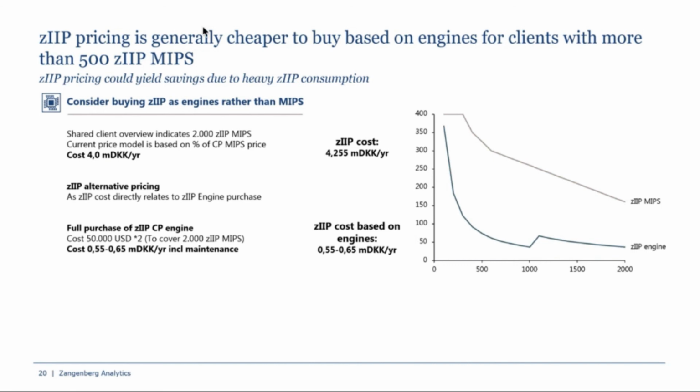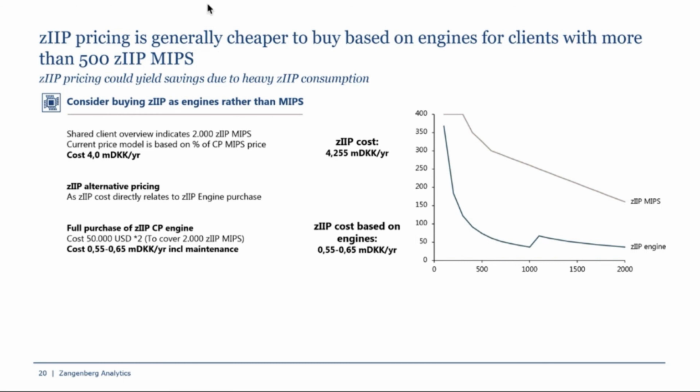because the whole point of SIP MIPS is that they don't have any software costs related to them, and also because of the cost structure that all the vendors have with IBM. Not looking at BS2000 or 270, but if we look at IBM mainframes, they are buying engines at a fixed price, depending on what kind it is, but a flat fee of around 50,000 USD to buy one of those.